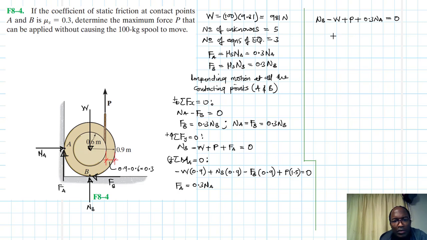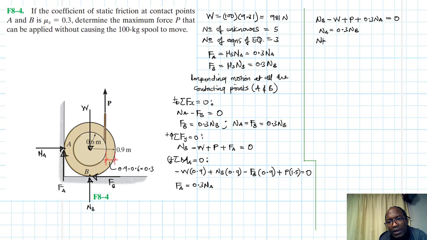But we already found what NA is. We said NA is equal to 0.3 NB, from the summation of forces in the X. So we can replace this in there. So 0.3 by 0.3 is 0.09 rather.